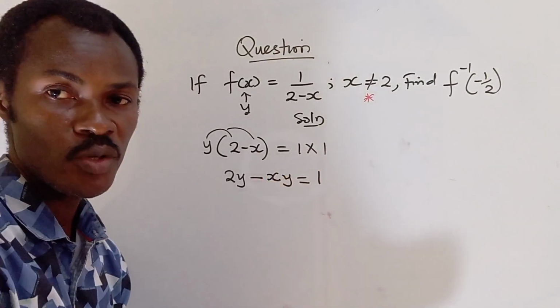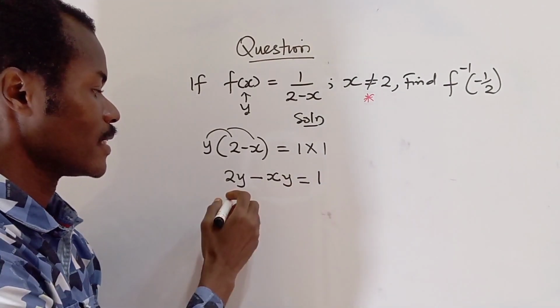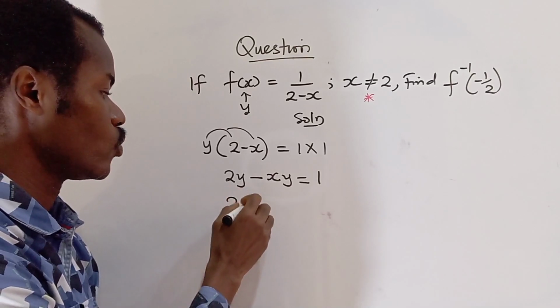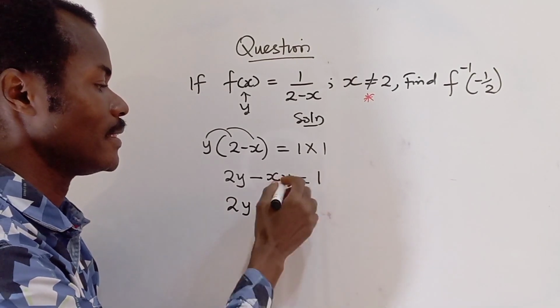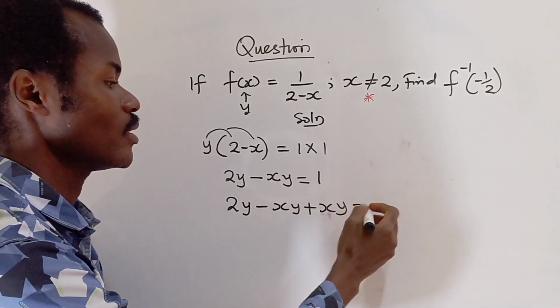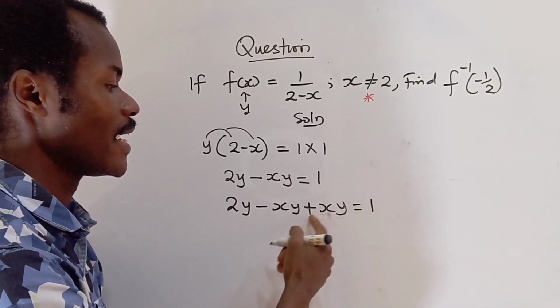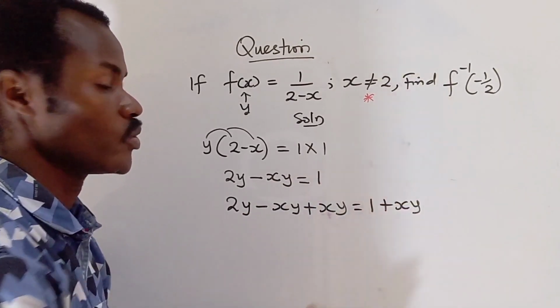Now from this point, what can we do to make x the subject? We have 2y minus xy equals 1. I can add xy to bring this to this side. Since I had a minus xy here, I'm also going to add xy here.